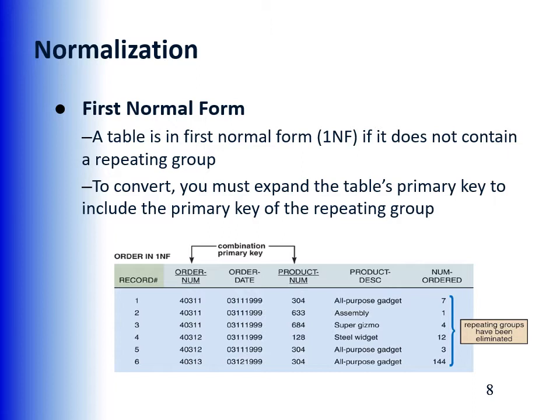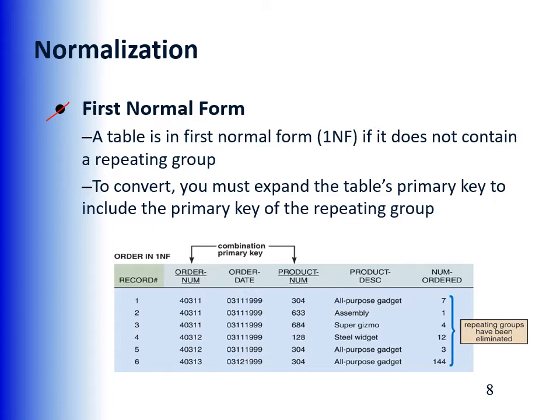Here we start with the first normal form. A table is in first normal form if it does not contain a repeating group. So to convert an unnormalized design to first normal form, you must expand the table's primary key to include the primary key of a repeating group.